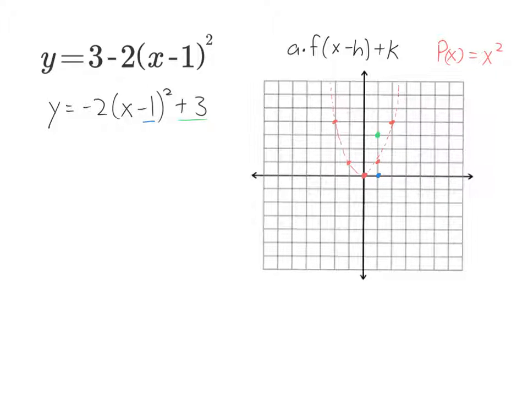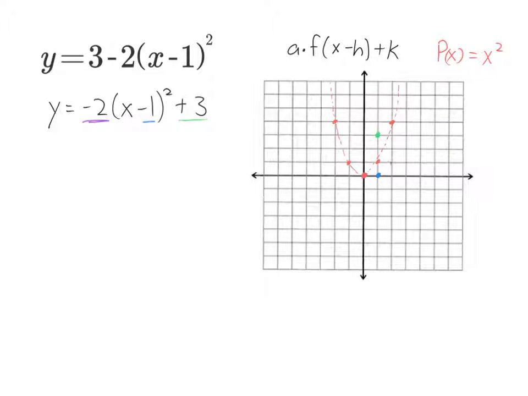Now the interesting one is this next piece right here, this negative 2. So this pretty much says that every y value is going to change by negative 2. So instead of going over 1, up 1, I'm actually going to go over 1 and then down double that, so 2.